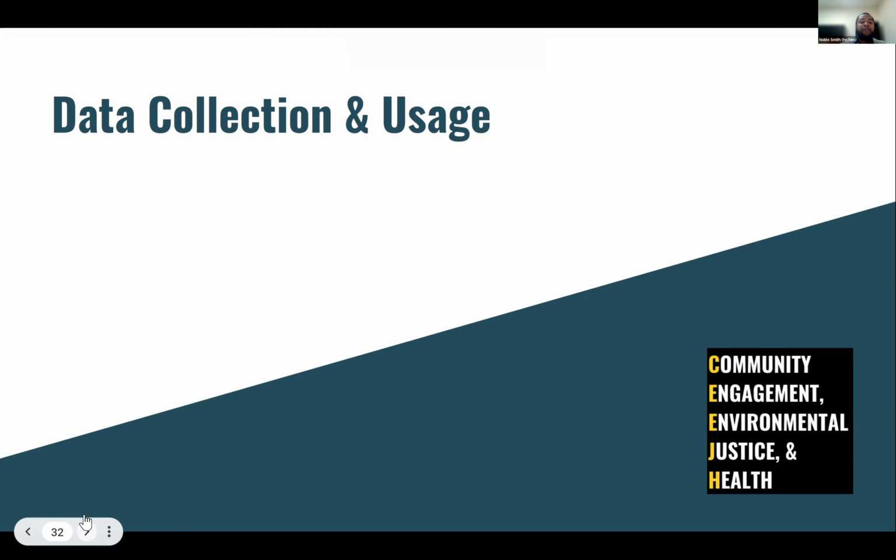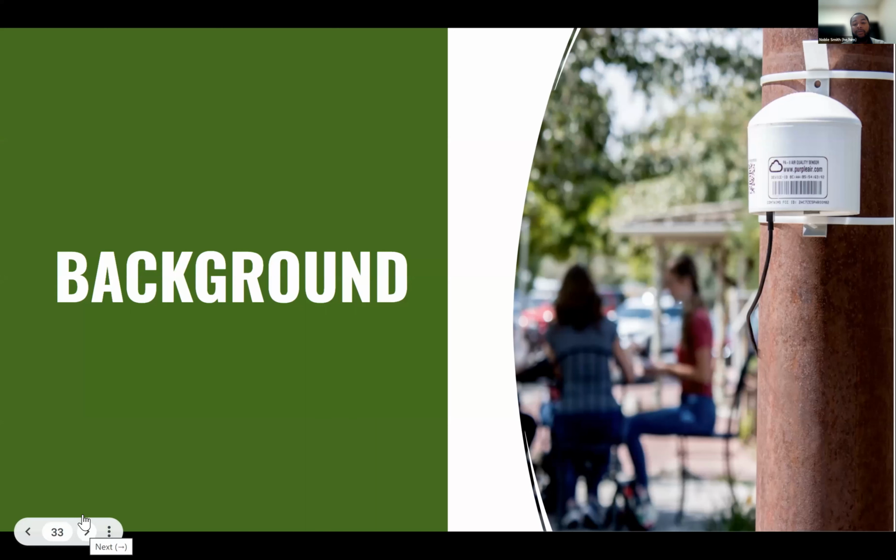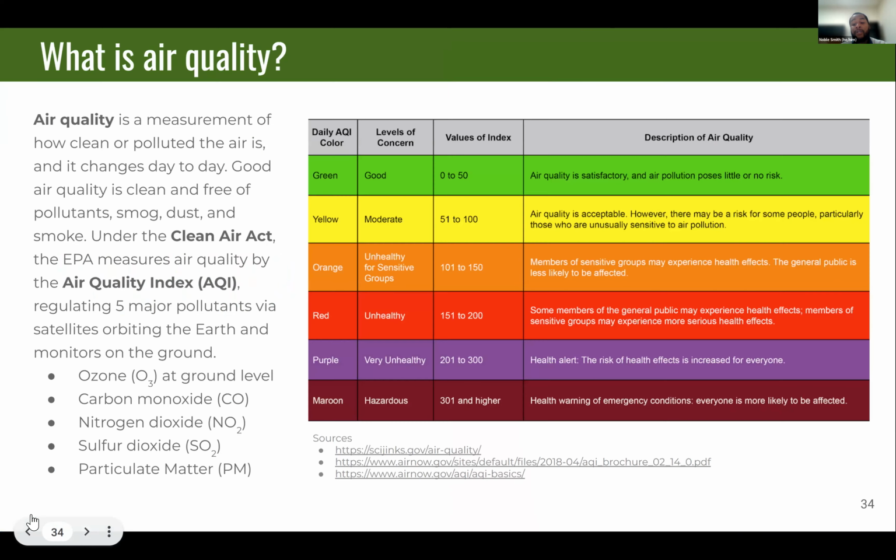In general, there's a massive data gap between EJ communities and decision makers, specifically around air quality and water quality.